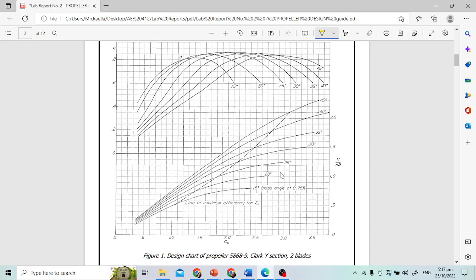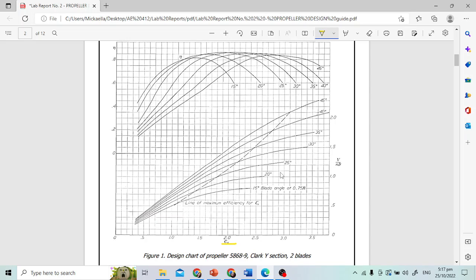For blade angle, di ba? Nandito sa baba yung CS ninyo. Take note ha. Nandito yung CS ninyo. Then, project it up.